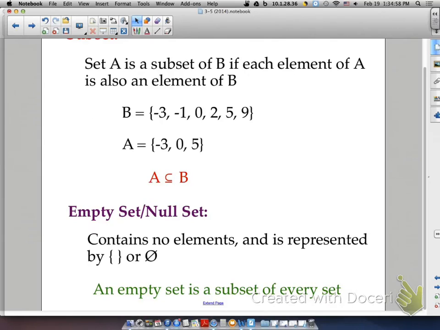If we didn't have the 0 or the 5, and you only had -3, would -3 be a subset of B? Absolutely. If an empty set is a subset of that set, why can't one number be? One number, exactly. One number is more than none.